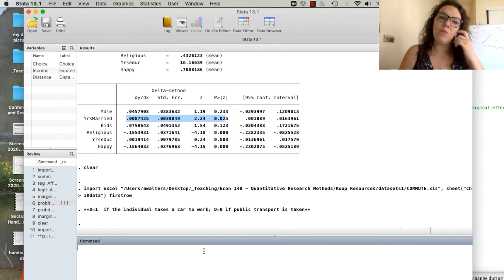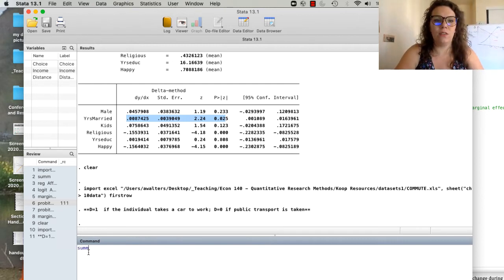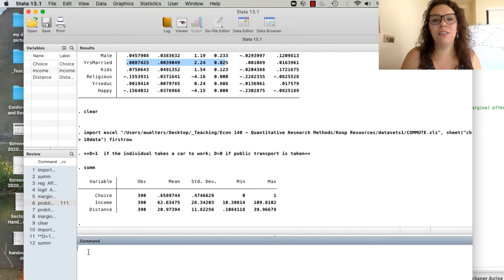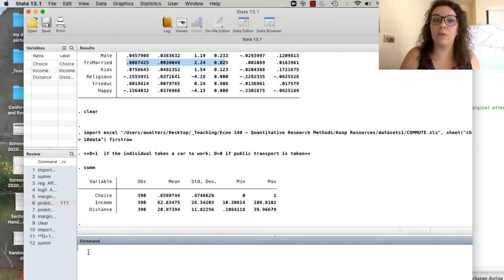So basically now what we're looking at is how our explanatory variables that I'm going to summarize here affect an individual's decision to drive to work or take public transportation.